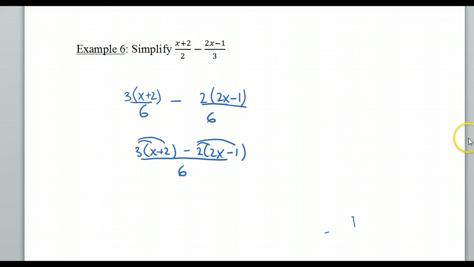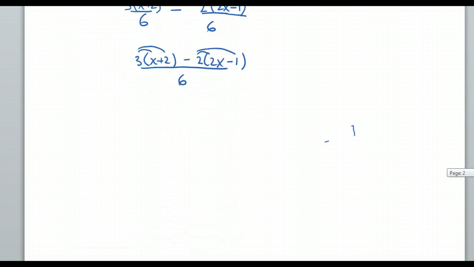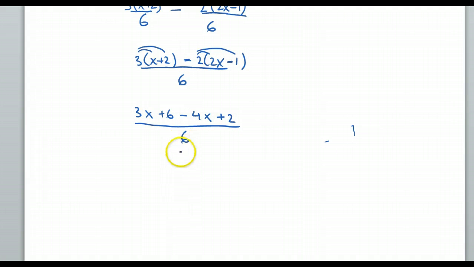I have 3x plus 6, and then minus 4x plus 2. Be careful because the negative and the negative make a positive. All of this is going to be over 6.